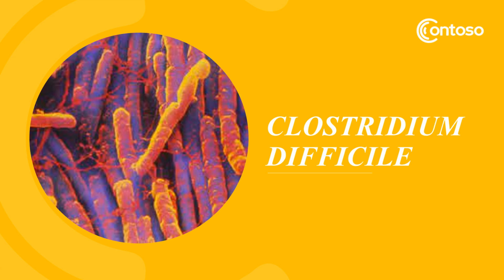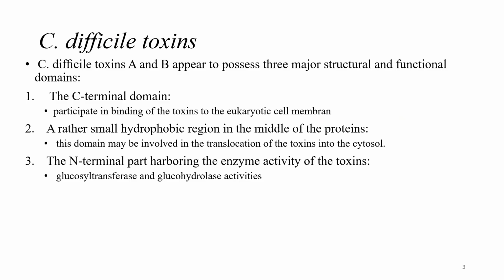Stay tuned. The most important virulence factors of Clostridium difficile are two toxins, toxin A and toxin B. These toxins have three major structural and functional domains. The C-terminal domain participates in binding of the toxin to the eukaryotic cell membrane, and a small hydrophobic region in the middle of the protein is involved in translocation of the toxin into the cytosol.